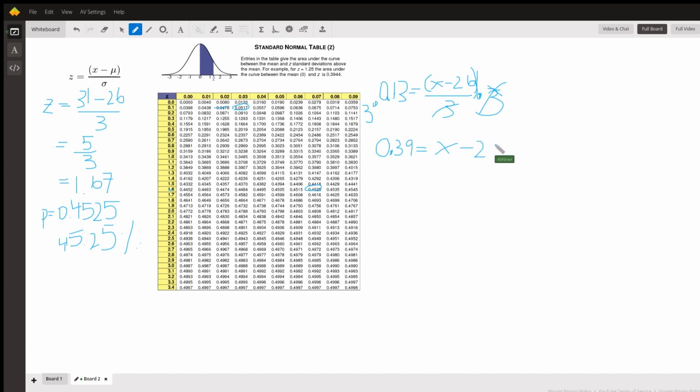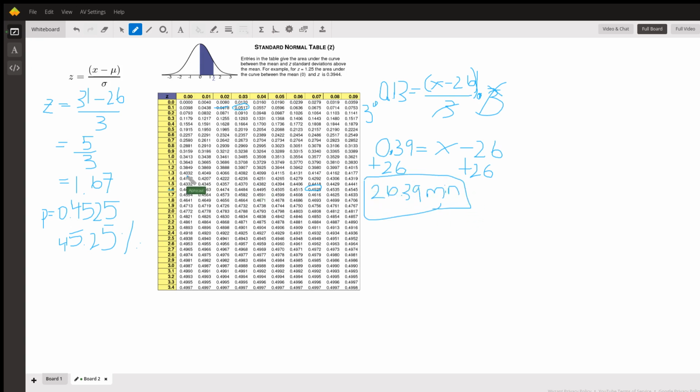Now there's no absolute value or anything else like that because we know that this value is going to be greater than 26. So we're going to add 26 on both sides. And your answer is 26.39 minutes. And also you need to round to the second decimal place. It's done for you already.